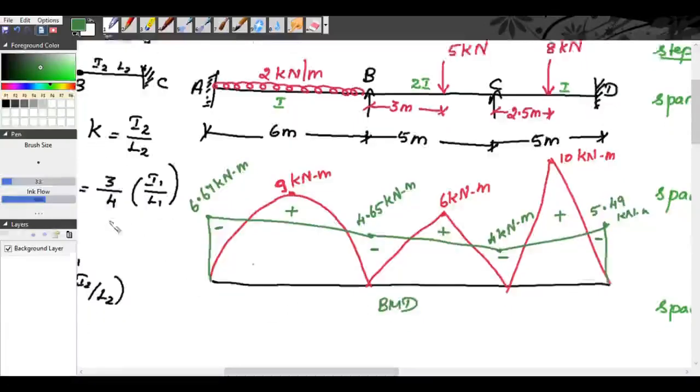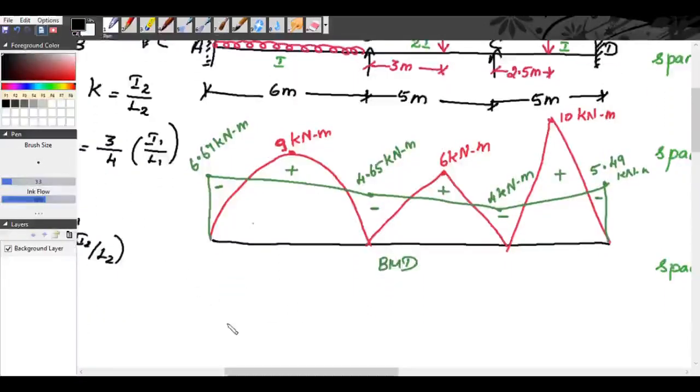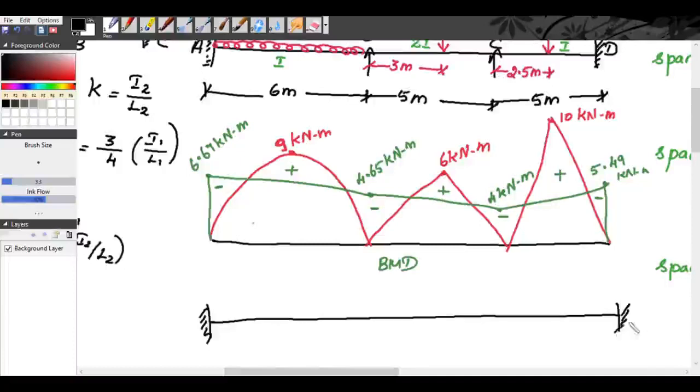So how will we draw our deflection diagram from this? Our deflection diagram will be, this is D, this is A. While drawing the deflection diagram, we have our hinge.